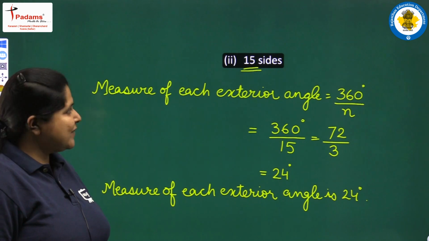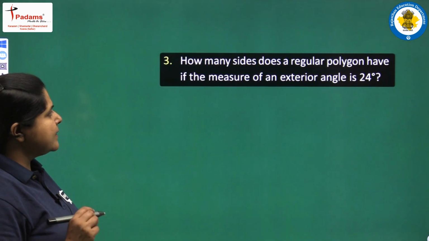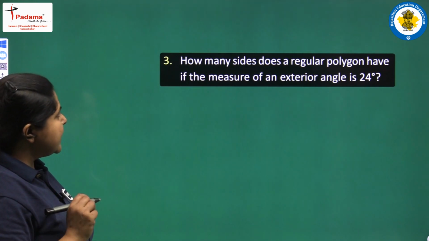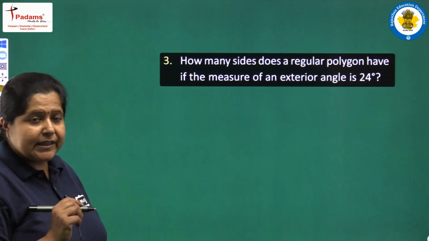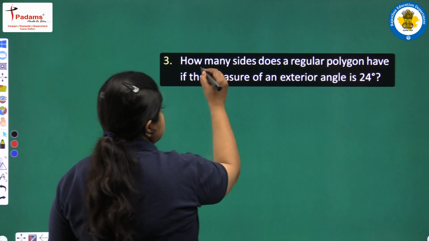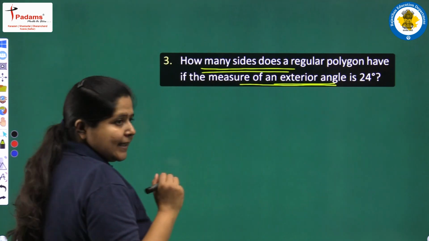Clear to you? Then we have question number 3 with us. How many sides does a regular polygon have if the measure of an exterior angle is 24 degrees? Now we have been asked the number of sides, and the measure of each exterior angle has been given.